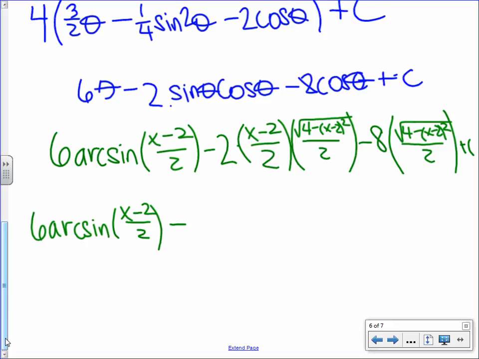And I preserved my coefficients inside the integral all the way through. So where did I drop my coefficient? You lost a coefficient somewhere.